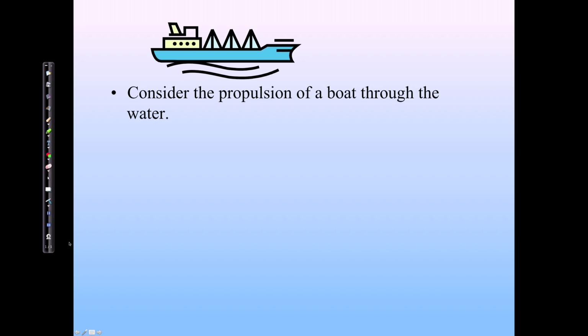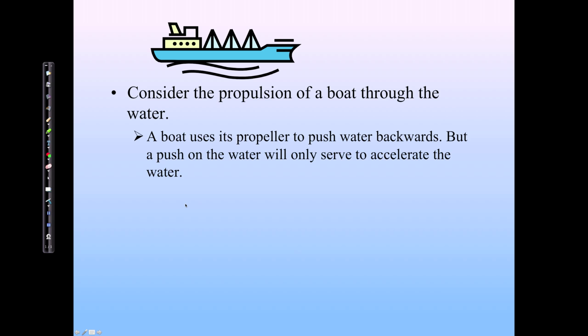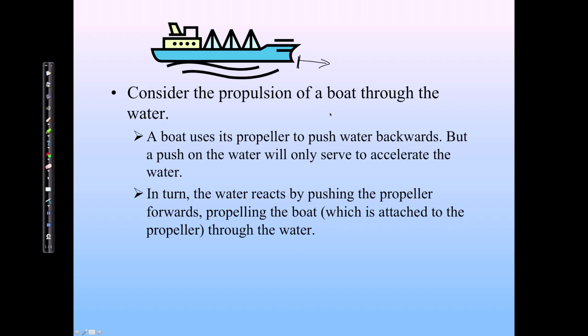Let's think about a boat moving through water. The boat uses a propeller. The propeller pushes water backwards. So the boat pushes the water backwards. Now, that's fine, but that doesn't move the boat forward.